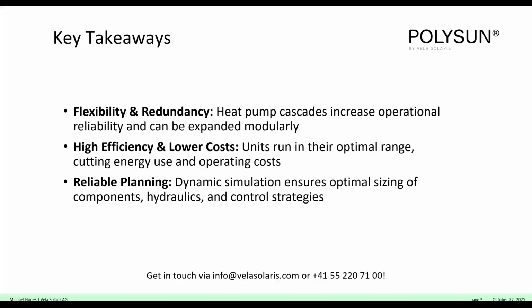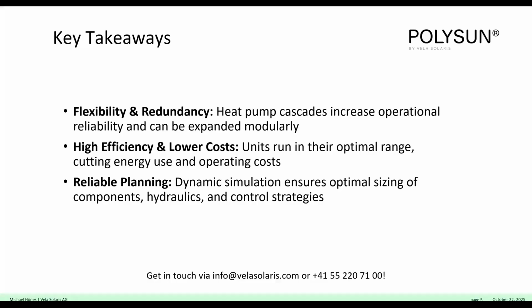And then we have also seen that there is high efficiency and lower costs if you design the units correctly. So if you run them in their optimal range, if you design the system correctly, then you can cut energy costs and operating costs and installation costs, investment costs in general.